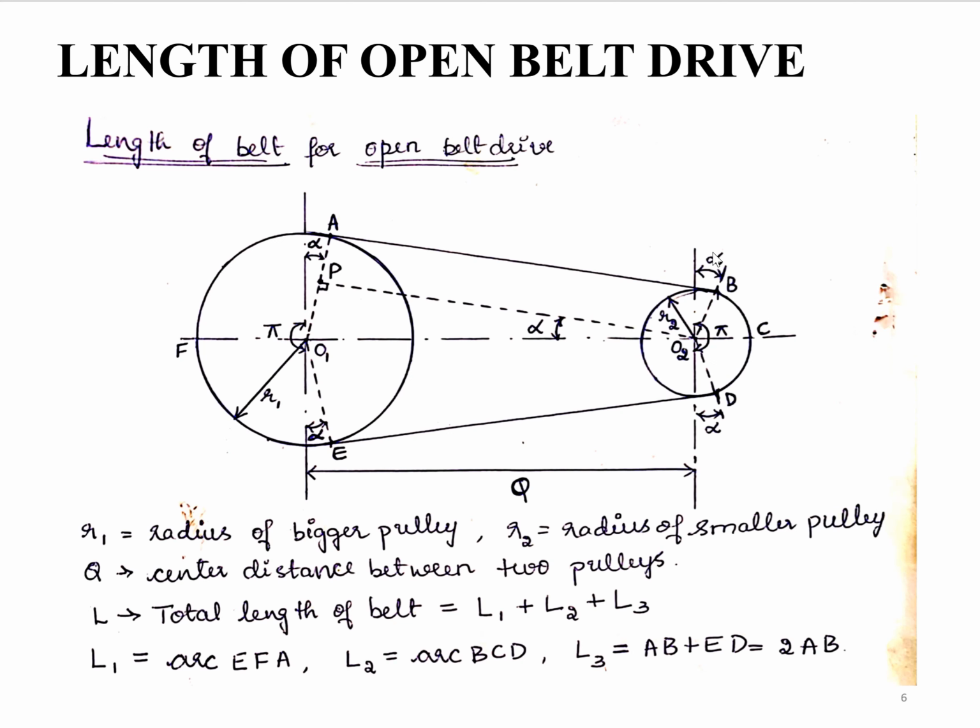So this much of an angle is in contact with the belt. If I find the arc length for 180 plus 2 alpha, I will get the length of arc EFA. If I find it for 180 minus 2 alpha, I will get the length of the arc on this side.